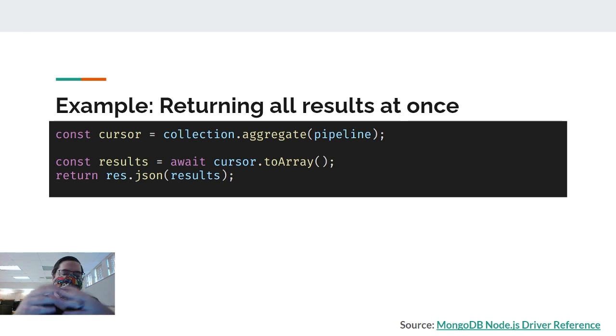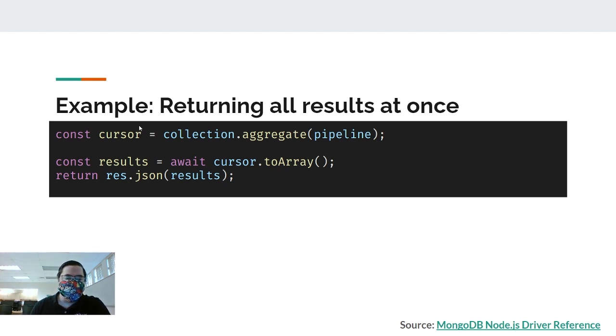So let's say we want to get all the results at once, and we'll go through these different methods. I can say collection.aggregate pipeline. Well, that will give me back a cursor, and in this case, that's an aggregate cursor, actually, but it still behaves like a cursor.